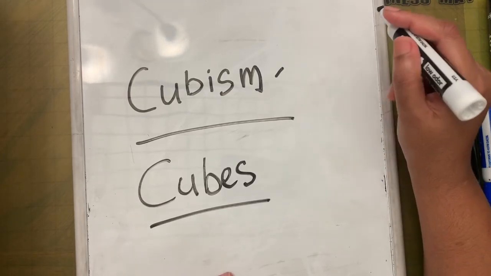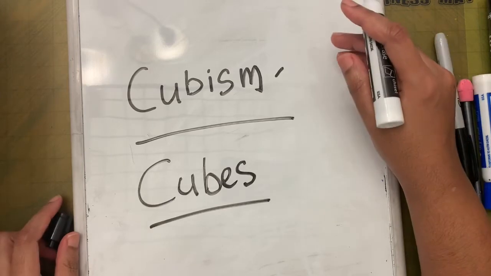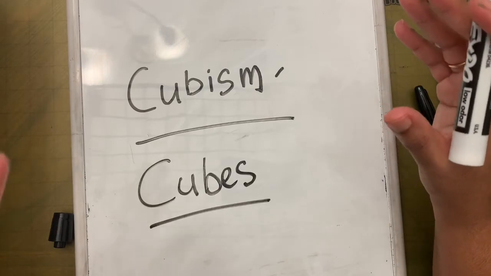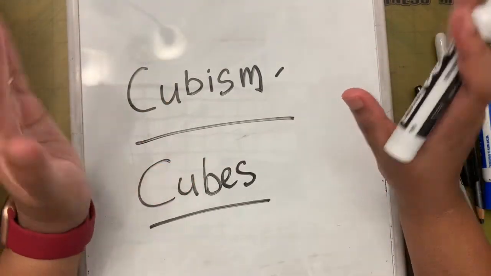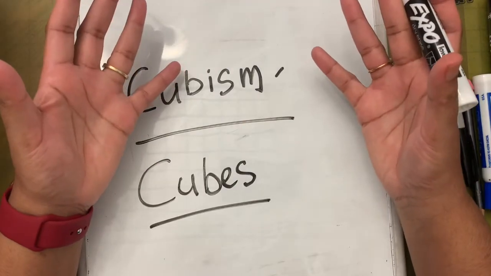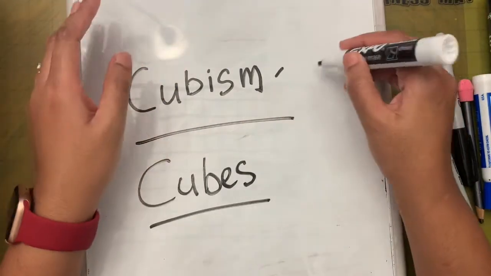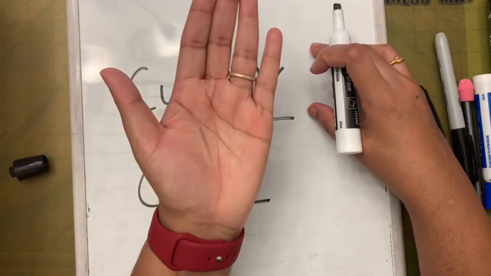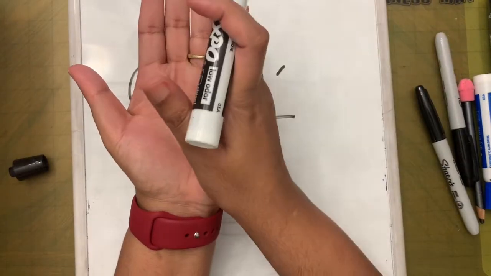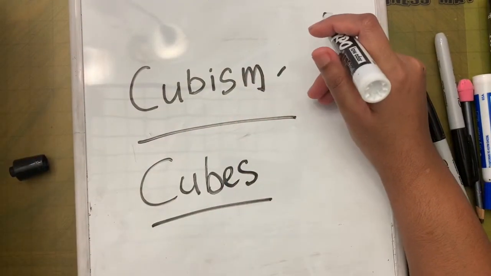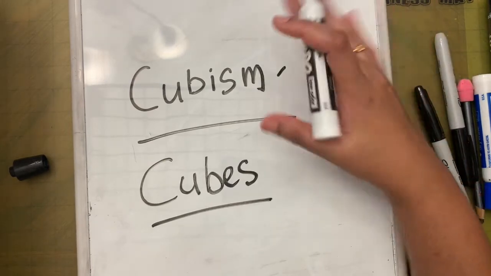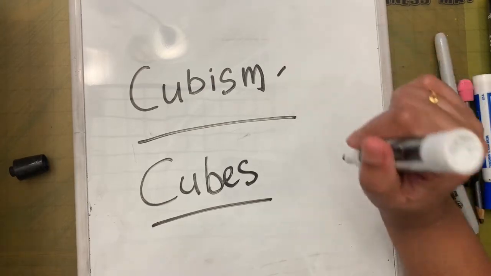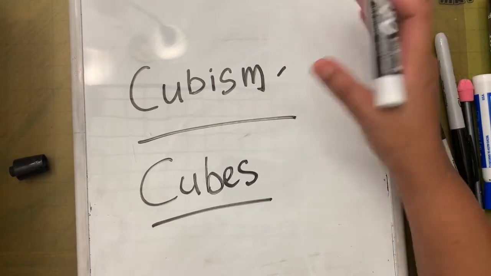But in cubism, they said, we are going to make an art style showing all the possible viewpoints. So if I'm drawing a person, the front view of his face would be there, and the side view would be there. You can even add the back also. That is all the possible points that you can see from a person, right?